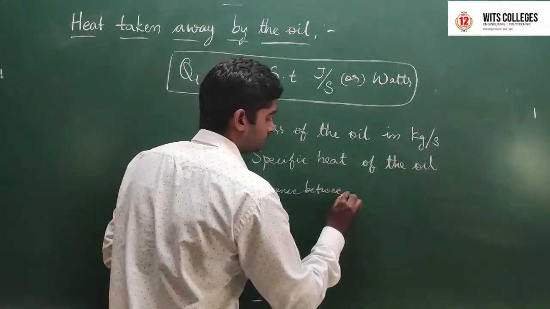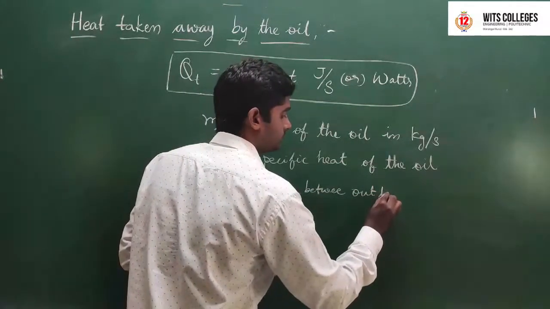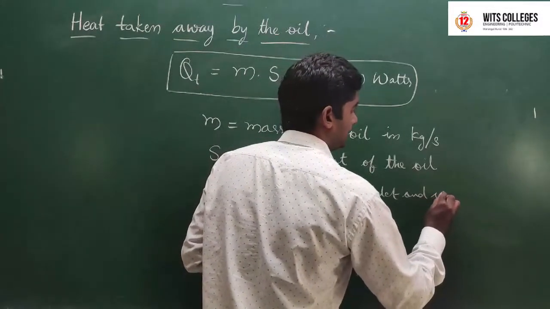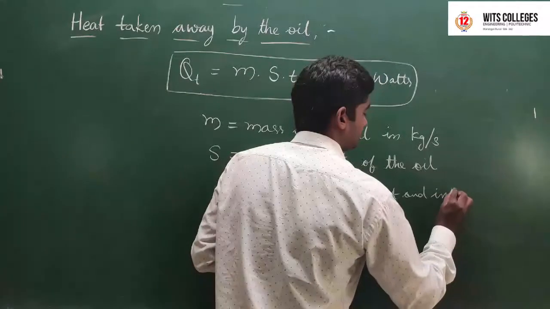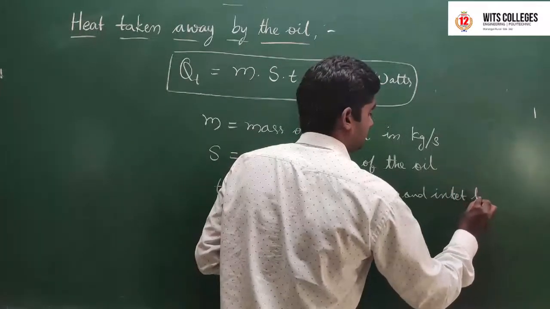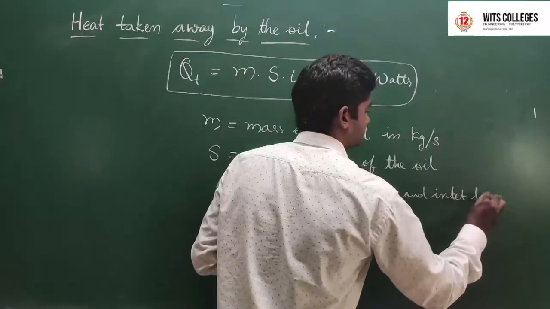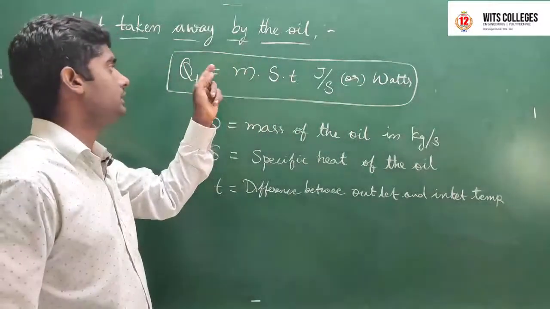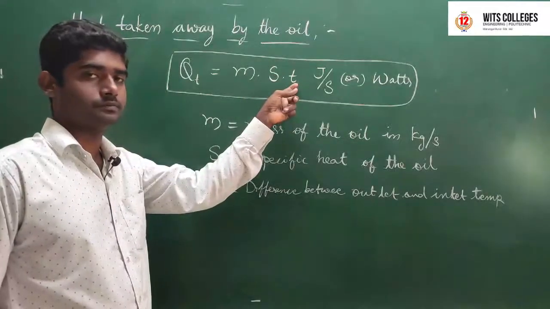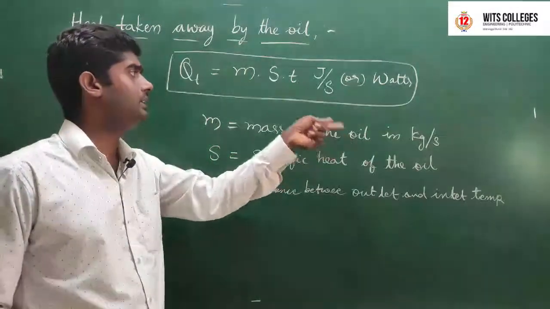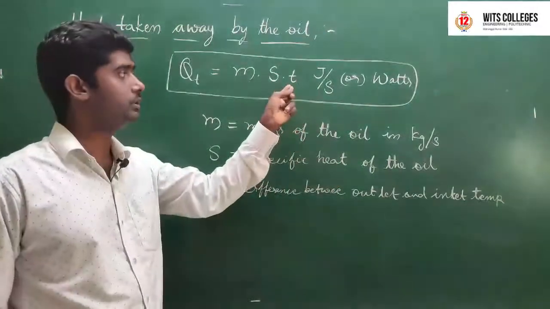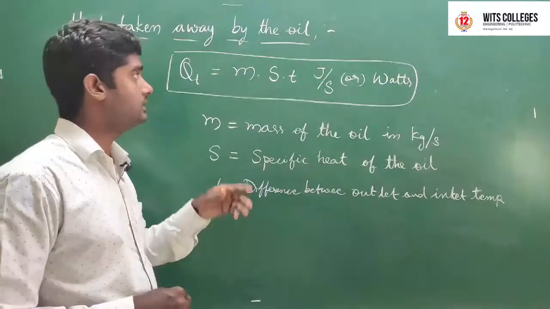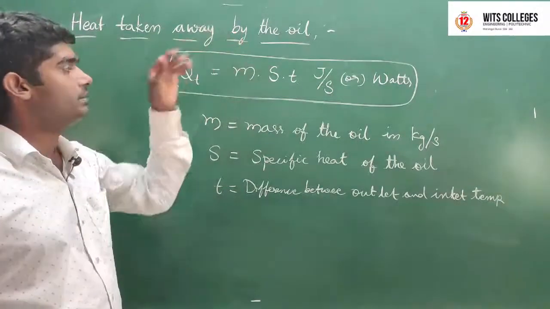After applying the oil, QT is equal to M into S into T: the mass of the oil into the specific heat into the difference between outlet and inlet temperatures. This is the heat taken away by the oil.